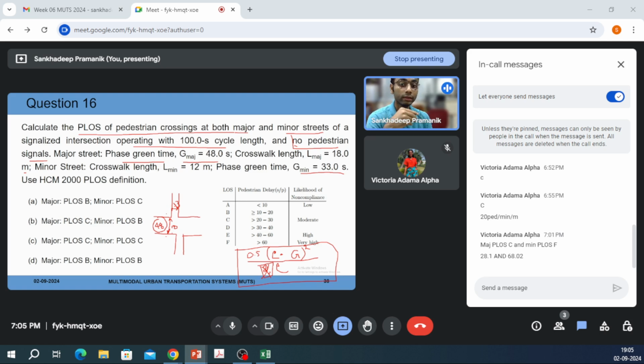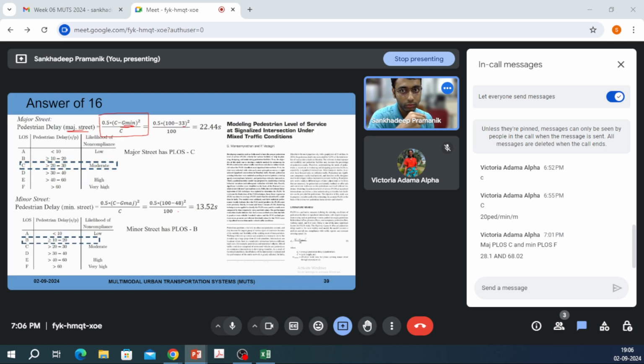They can cross when there is green time for the minor road, in these 33 seconds, when there will be no movement on the major road. So the pedestrian delay for the major street is based on crossing in this G mean, 33 seconds, and the cycle length will be 100.